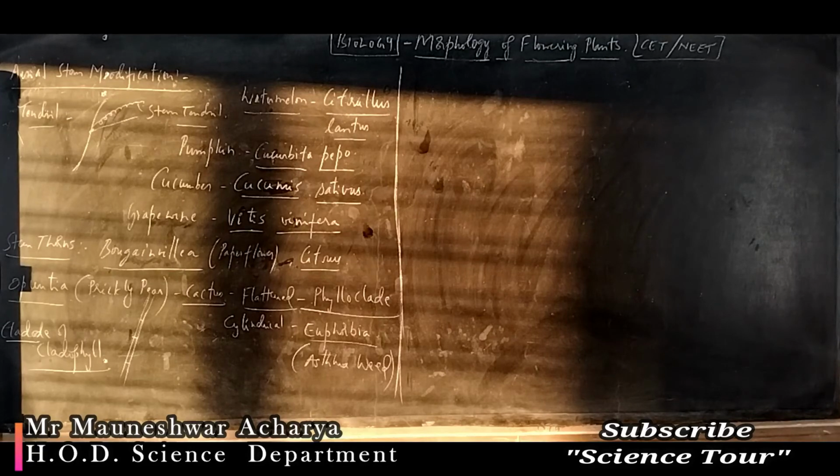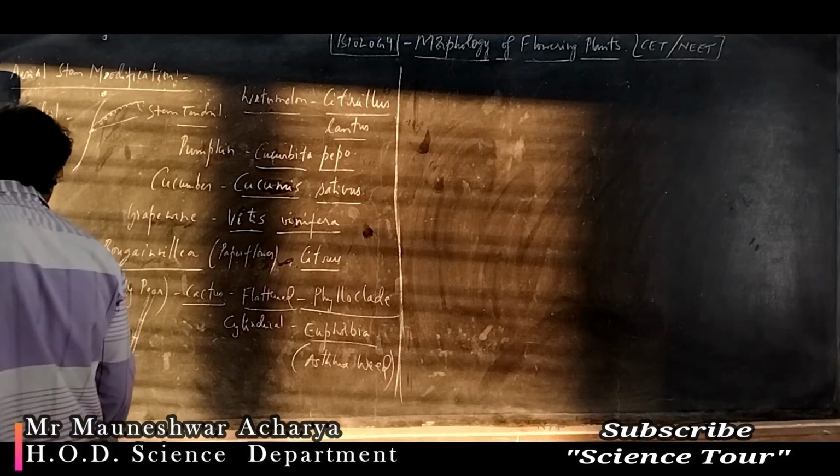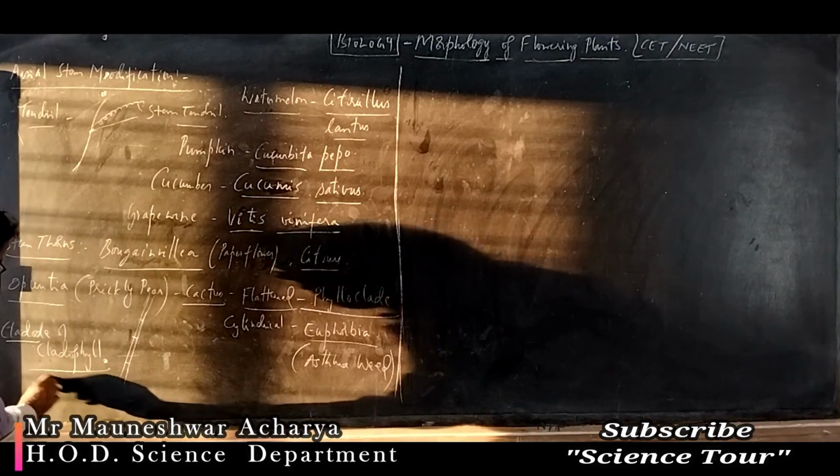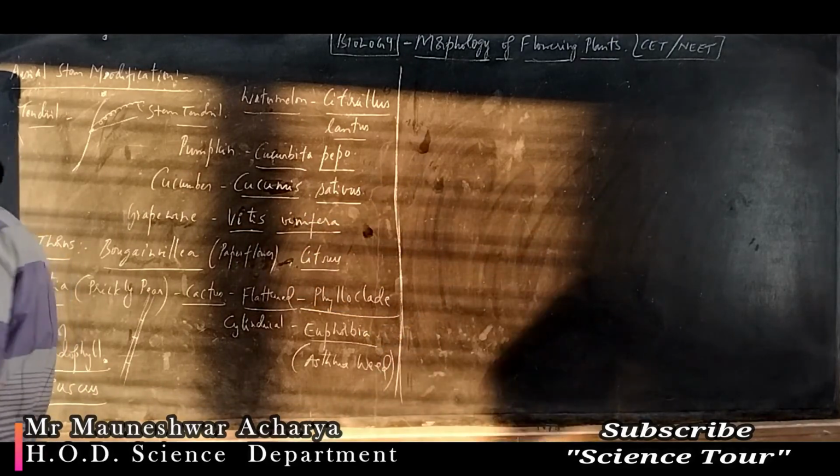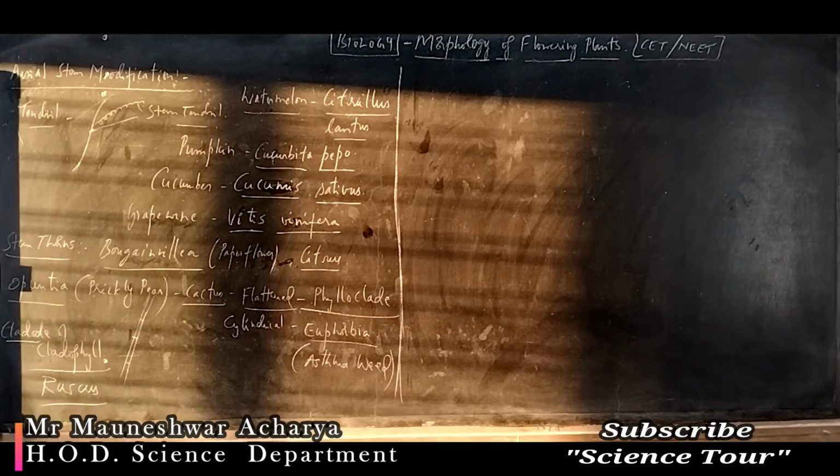So limited growth of branches with one or two internodes in length. Example for cladode or cladophyll is the plant called Ruscus, as well as some species of asparagus.